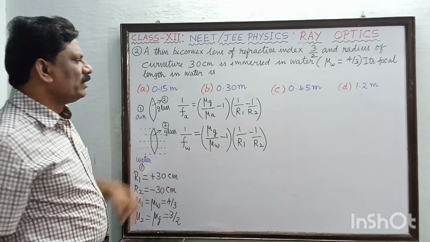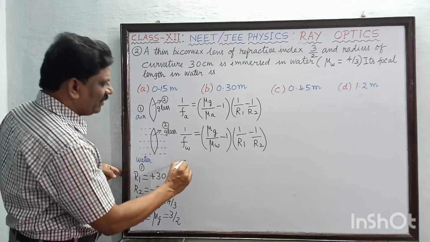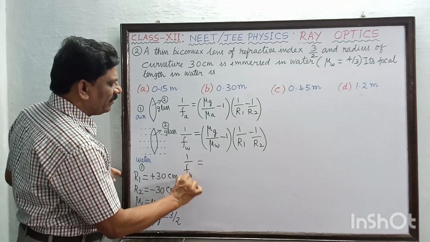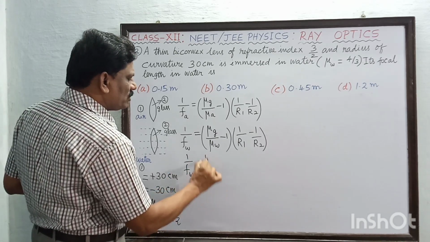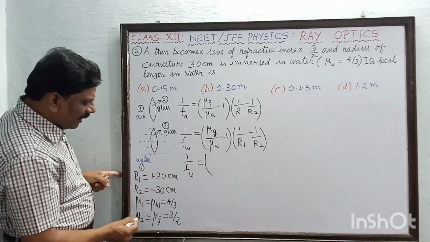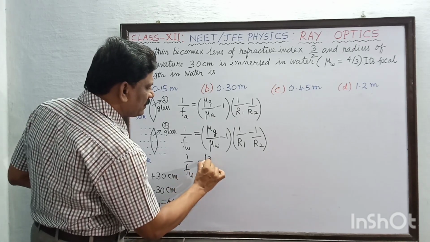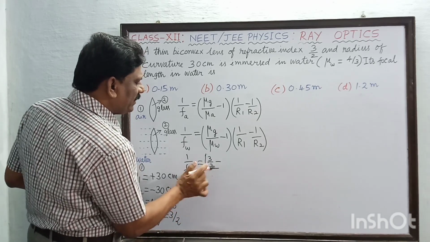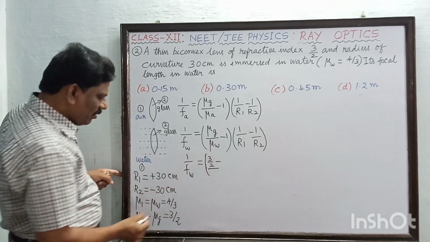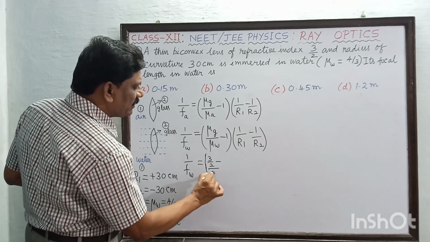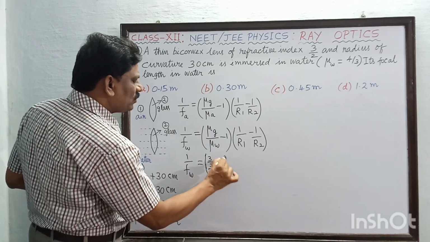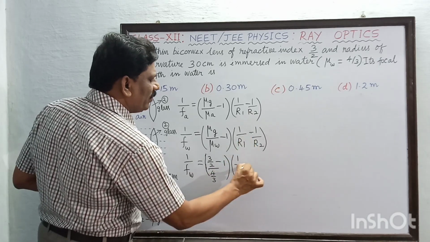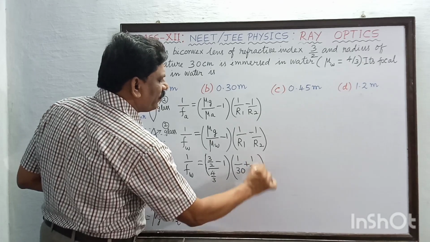So I am going to substitute in the second equation for 1 by Fw. The left hand side 1 by Fw is equal to mu glass, 3/2, divided by mu of water, 4/3, minus 1, into 1 by 30. Minus of minus 30 will become plus, so plus 1 by 30.